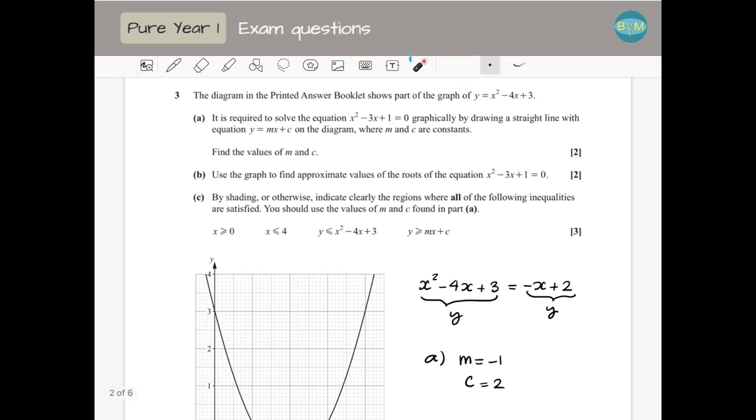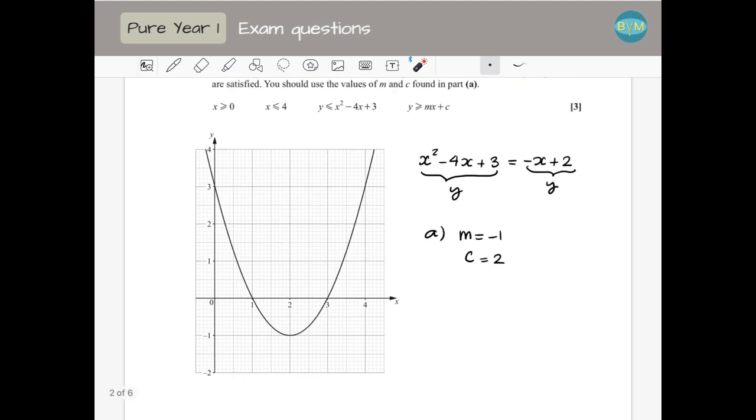Then, use the graph to find approximate values of the roots of this equation. Sorry, I didn't draw the line, so I'm going to draw the line. This is the line y equals minus x plus 2. So still for part a, we have to draw a line whose y-intercept is 2 and whose gradient is minus 1.